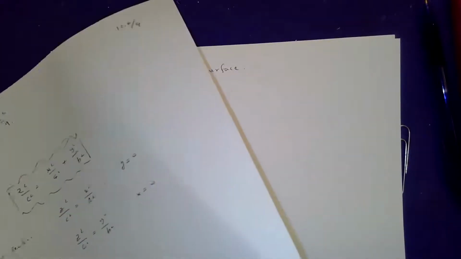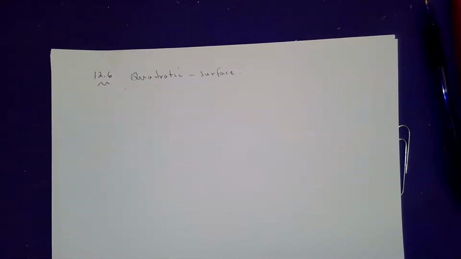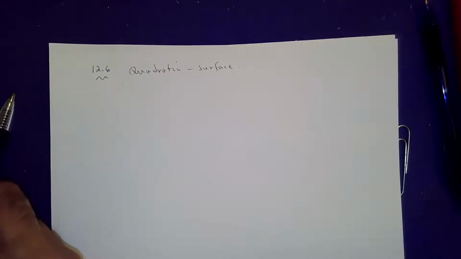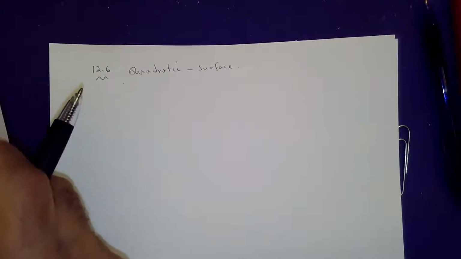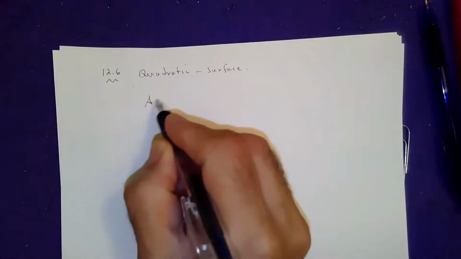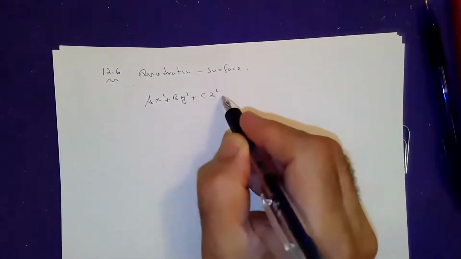Remember I showed you last time that these have a very long equation. And so the idea is, how would you graph some of these equations? At the moment, I can't find it, but you know how that goes. Remember, ax squared plus by squared plus cz squared.